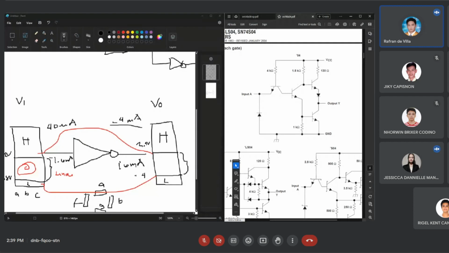So again, guys, if I call on you, kindly open your camera. In your own opinion. Okay? So, analyze that circuit. That is the circuit for the inverter.